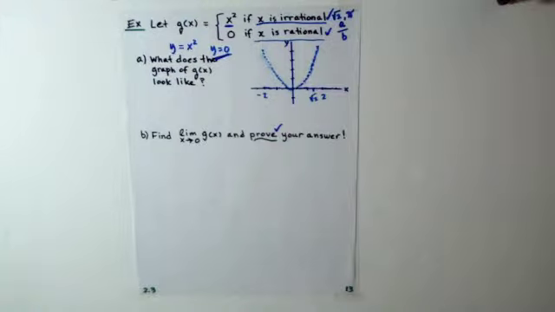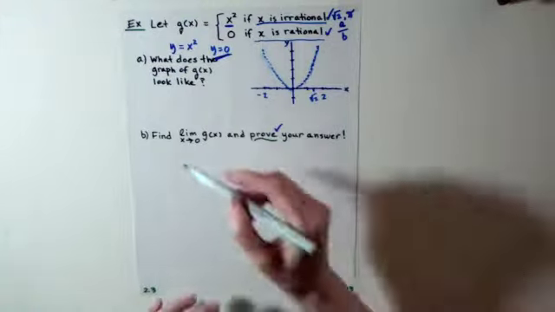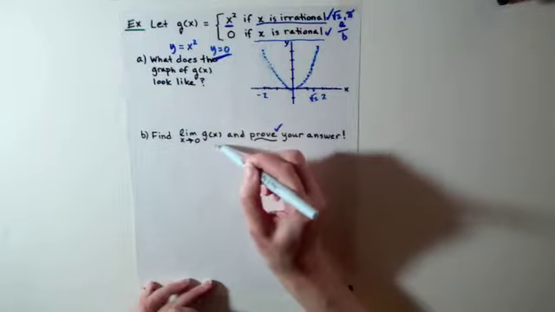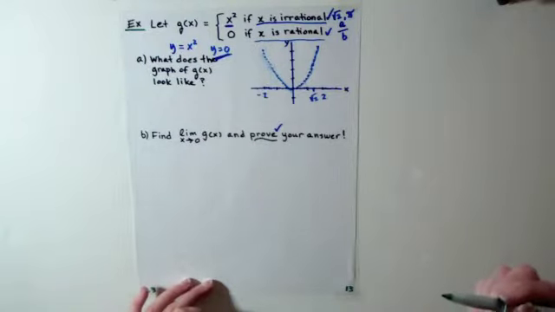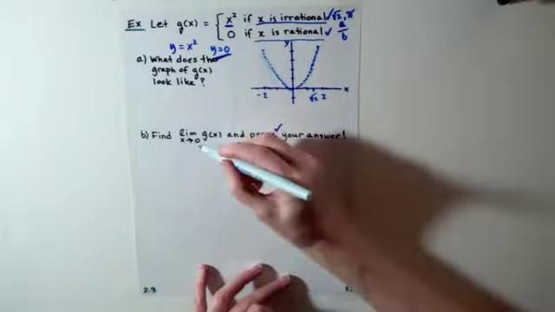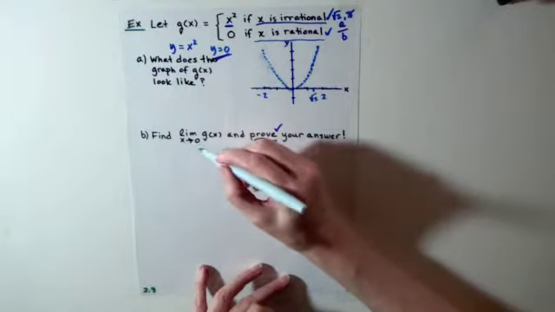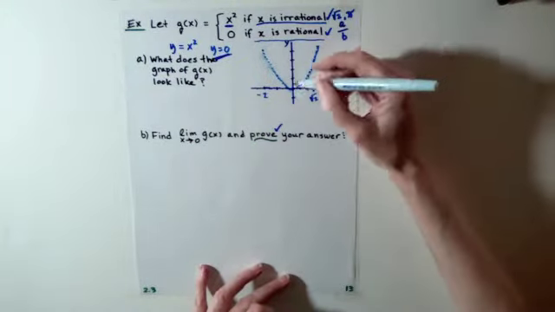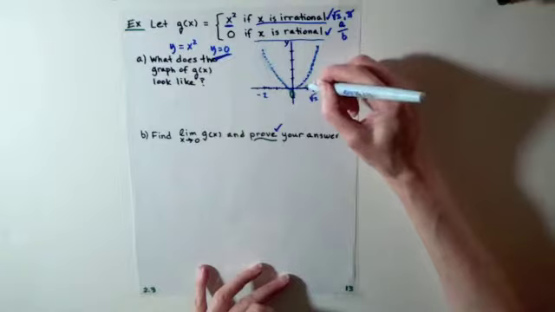Okay, I'm hoping you've had a chance to think about how to find the limit as x approaches 0 of g of x from the graph. And remember, we're looking at the limit as x approaches 0 from both the right and the left. If I were to approach 0 from the right-hand side, it would be sort of weird.